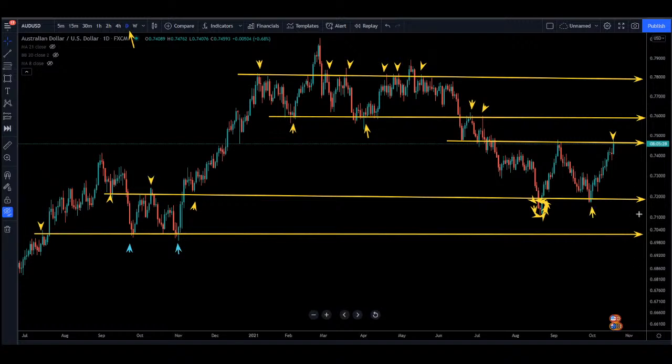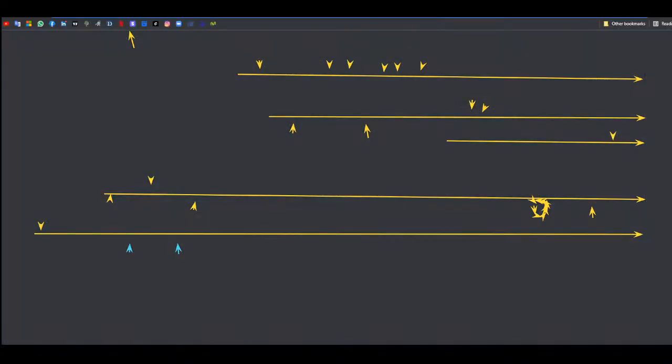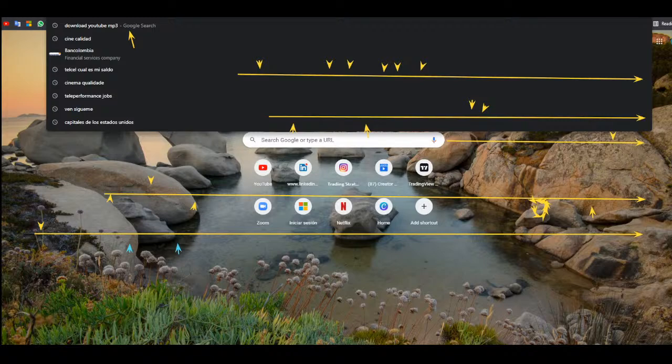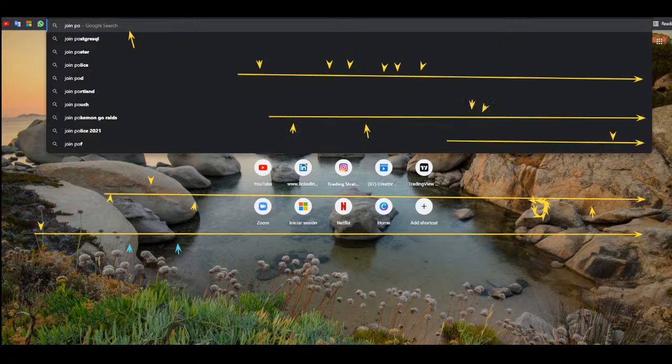Support here, so that would be another key level. Does it make sense? That's how you draw your key levels. It is not hard.